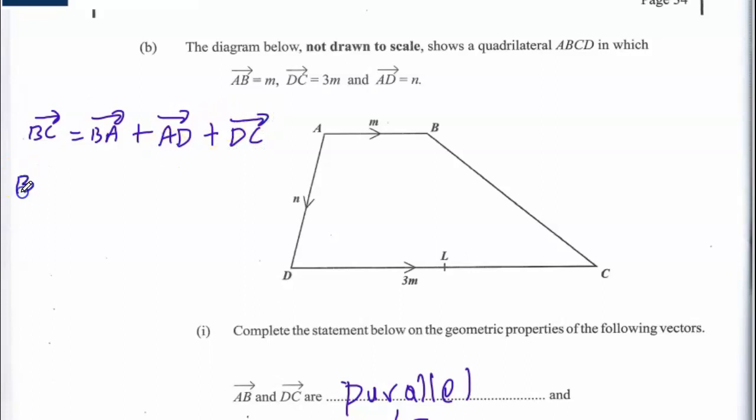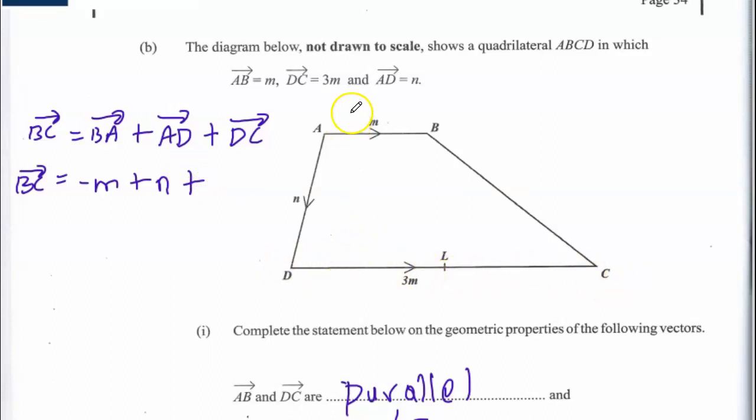So notice A to B is m, so B to A will be negative m. Remember with vectors, direction is very important, because we're going in the opposite direction. So this negative sign means the direction is different. A to D is the same direction as here, so A to D is n, plus DC.